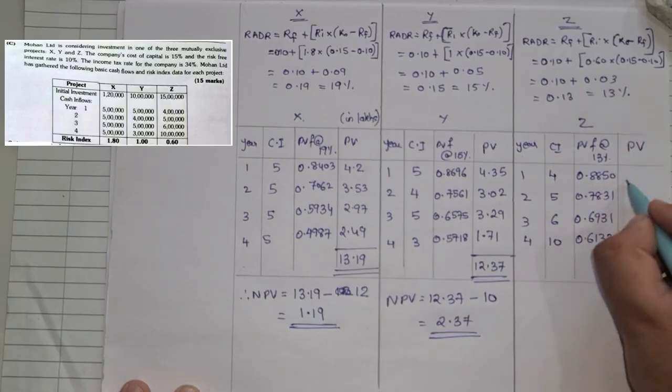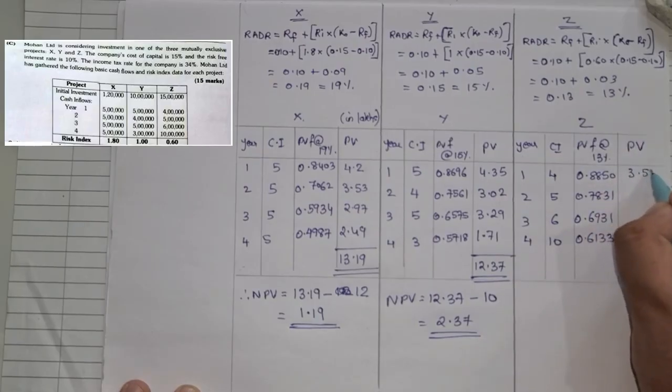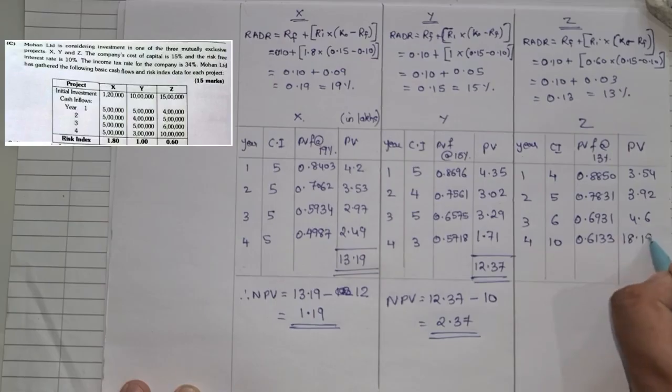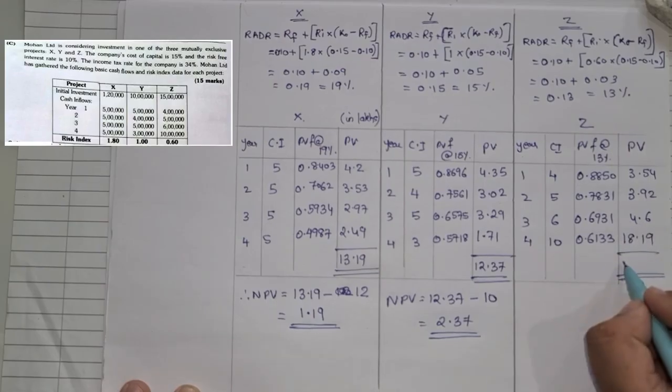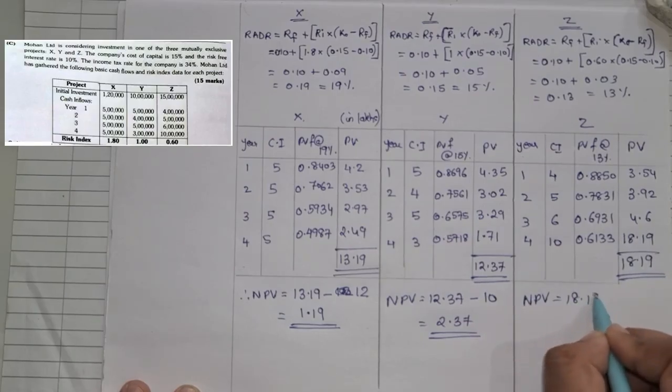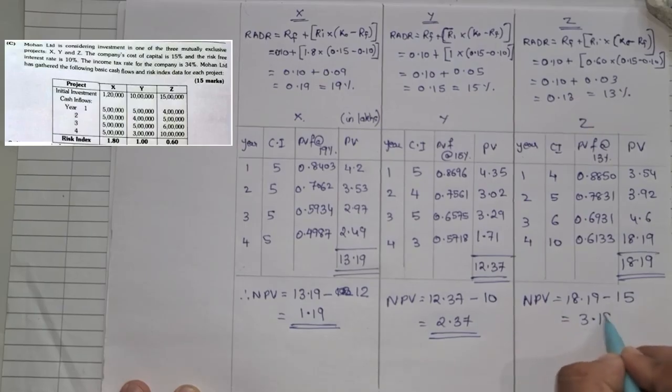You multiply and get the PV: 3.54, 3.92, 4.6 and 6.13. We total it up, and the total comes to around 18.19. Therefore NPV will be 18.19 minus the initial investment of 15 lakhs, which comes to 3.19.